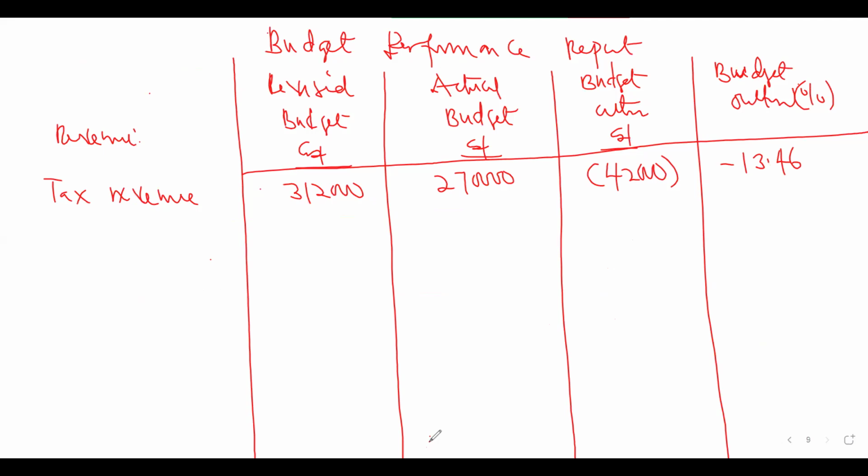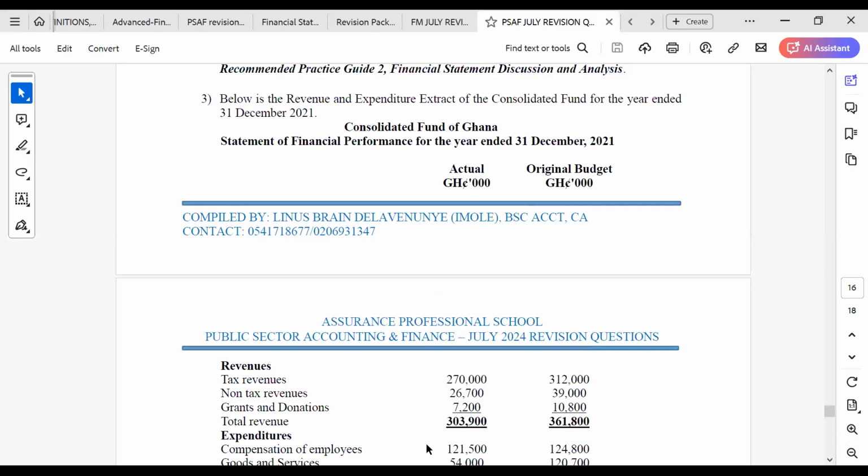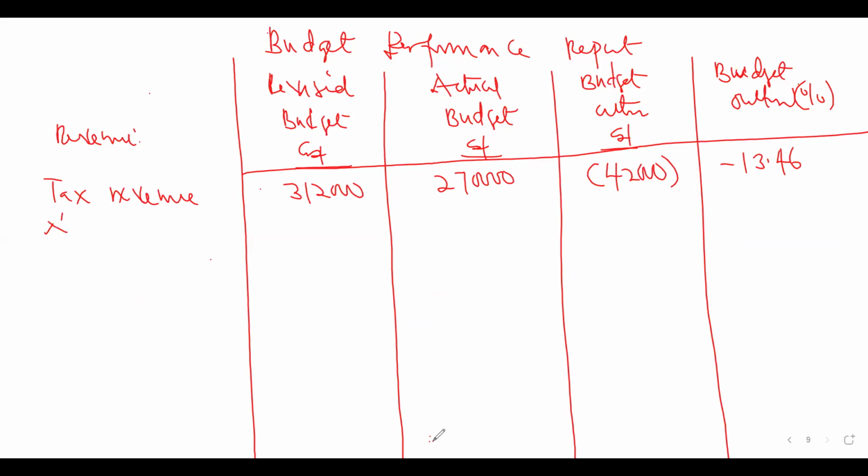Okay. So let's come to the non-tax revenues. There is no revision for it, so the original will still be the revised amount. How much is the original? 39,000.